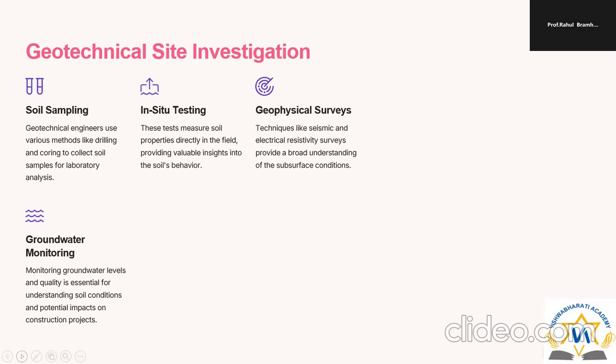Then the next one is in situ testing. This test measures soil properties directly in the field. In the first site investigation, soil sampling, the soil is collected from the ground and tests are carried out on the soil in the laboratory.